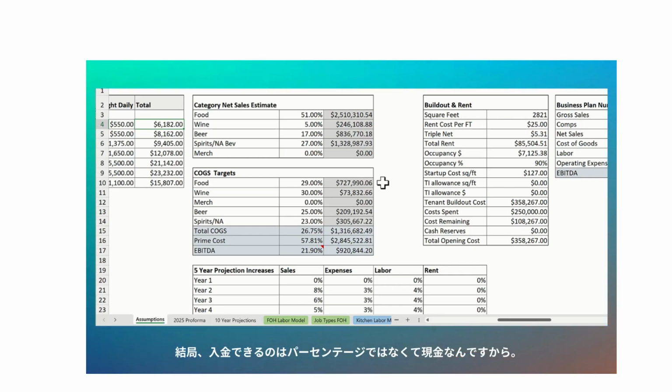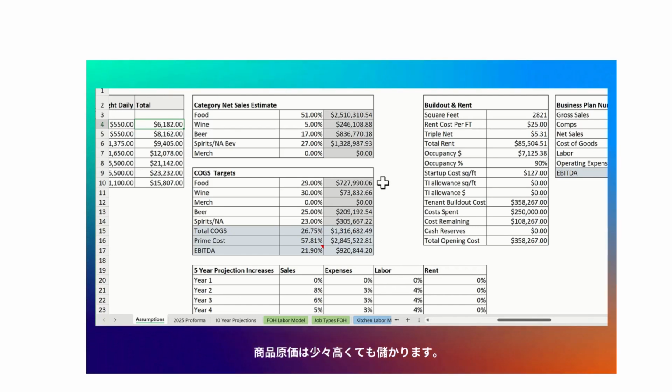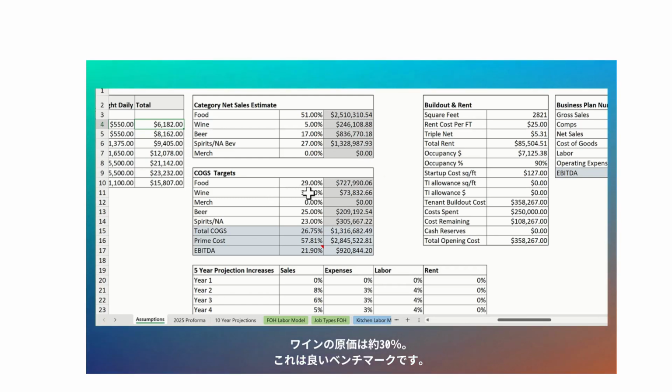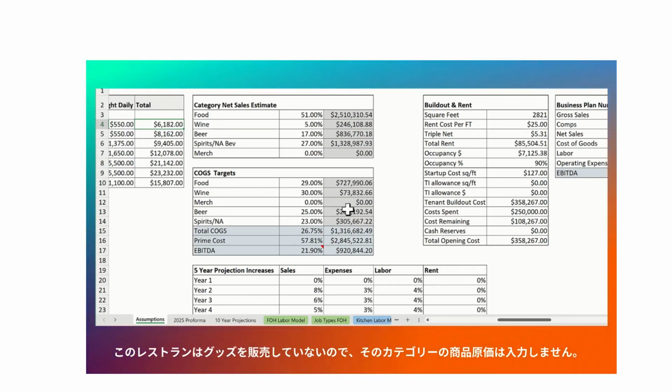And in the end, we are always depositing cash, not percentages. We'll want to make sure that the revenue coming in is adequate, but at that point, our cost of goods can be a little bit higher. For our wine, we have about a 30% cost of goods, which I think is a good benchmark. We're not selling merchandise here, so we're not going to have a cost of goods prediction for that.